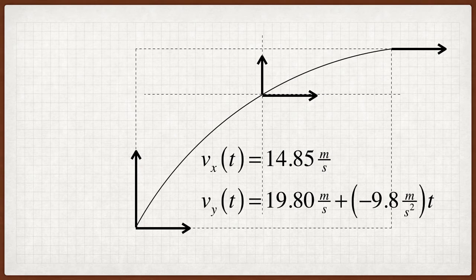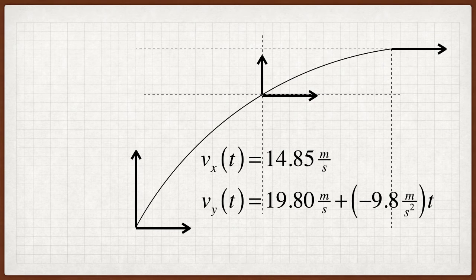So Vy of t is whatever I started with, and now instead of 19.799, I'm going to write it as 19.80. Okay, I've rounded off a little bit. Meters per second. So that's my initial speed. And then the change is here.